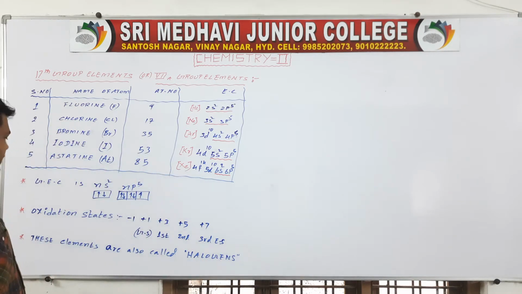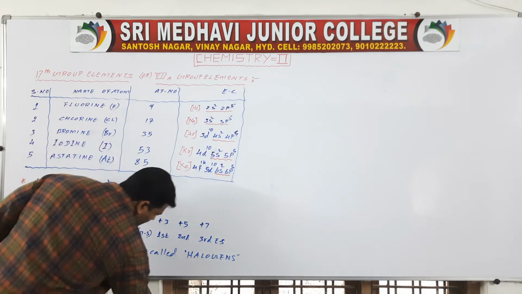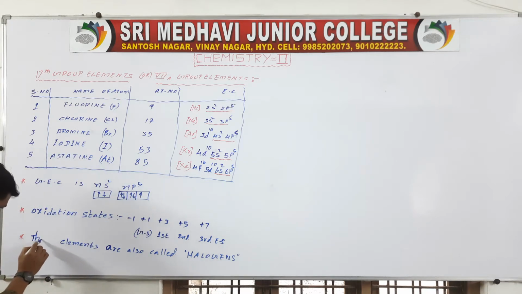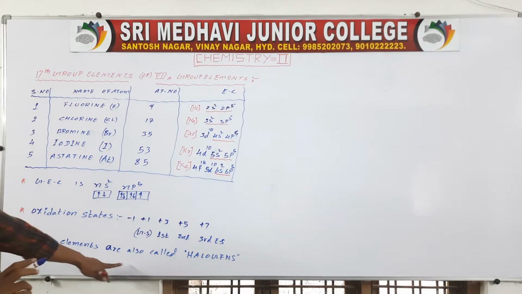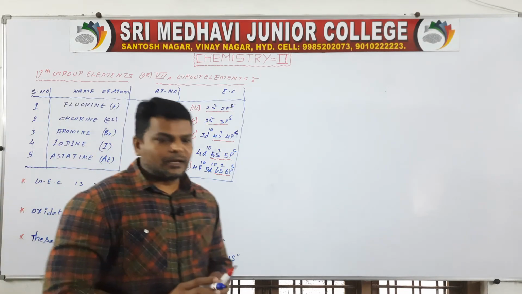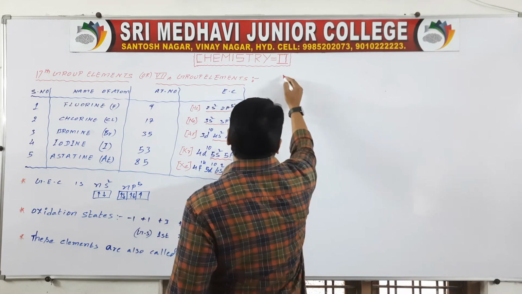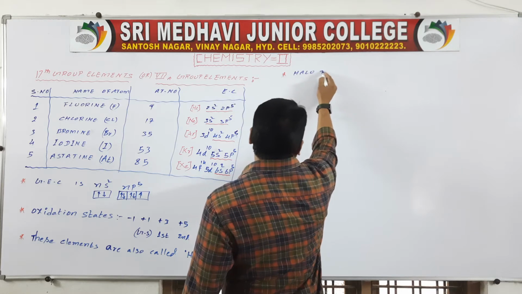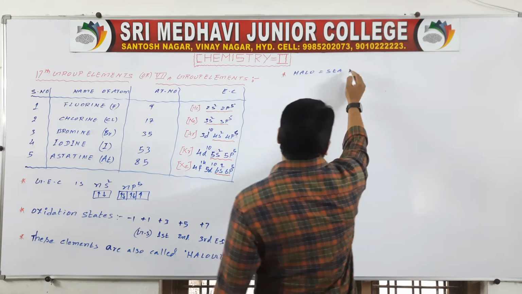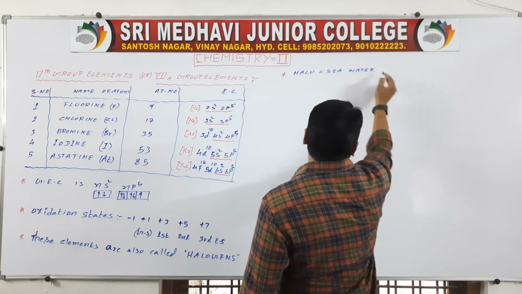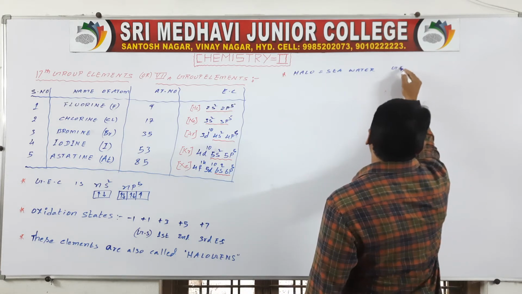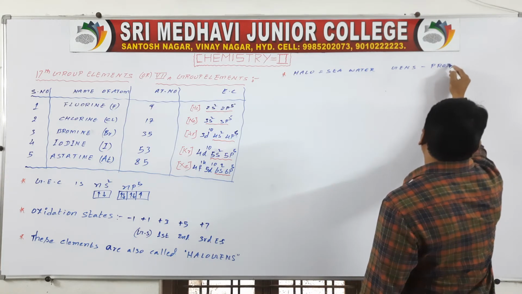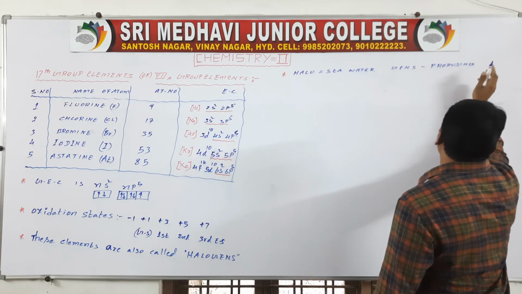The meaning of halo is sea water, and gens means producing.